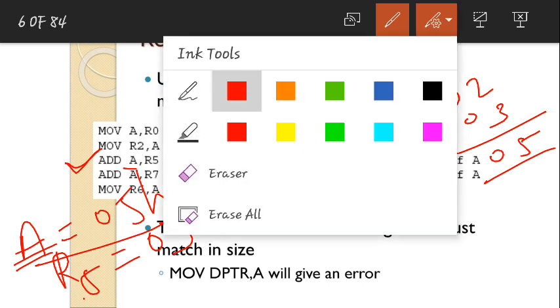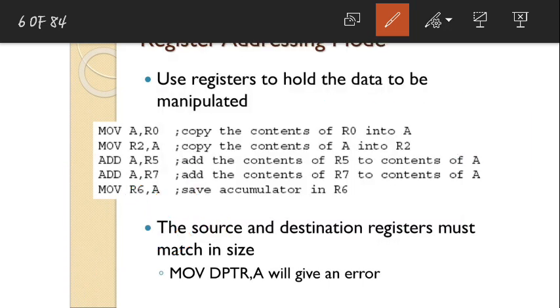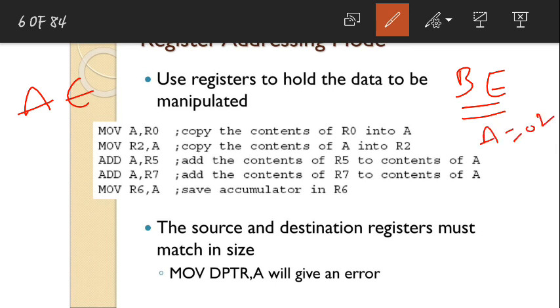I will just make it clear here. See, this is before execution and this is after execution. In this before execution, A is equal to 02 and R5 is equal to 03, I took in hexa only. Always you should write H. Here there is no space for me, so I am not writing. Now after execution, after this instruction has been executed, the 2 and 3 will be added and you will get the result as 05H.